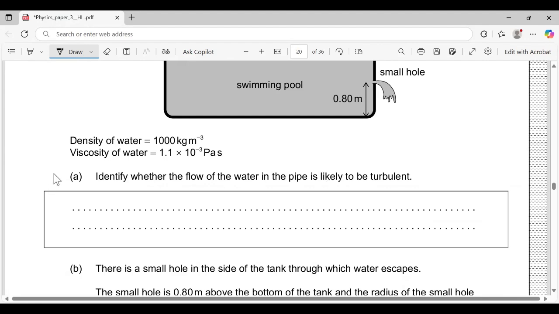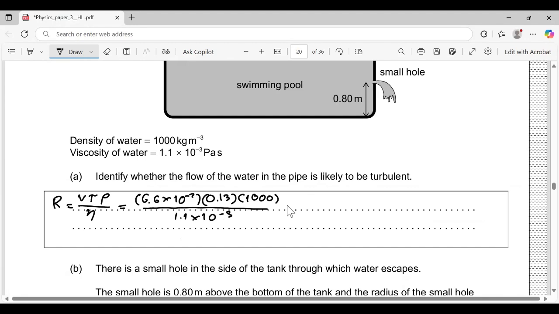So I will use the Reynolds number formula, R equals v times r times rho over eta, and it is 6.6 times 10 to the power minus 2 times 0.13 times 1,000 over 1.1 times 10 to the power minus 3.